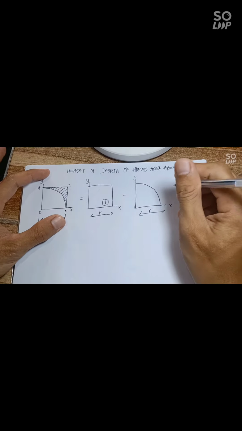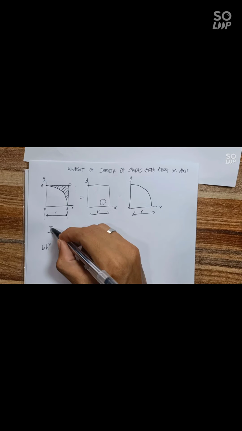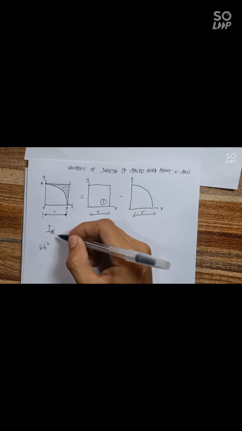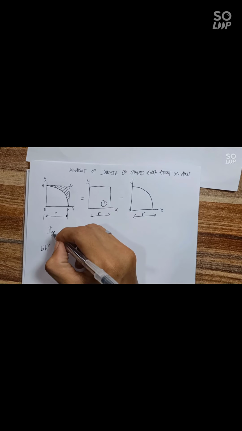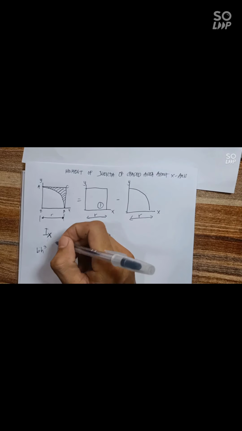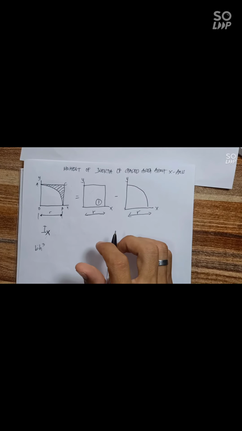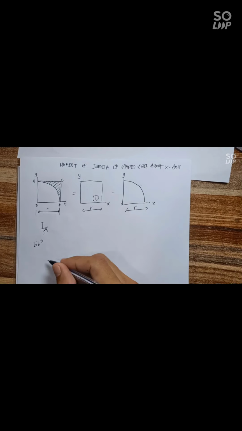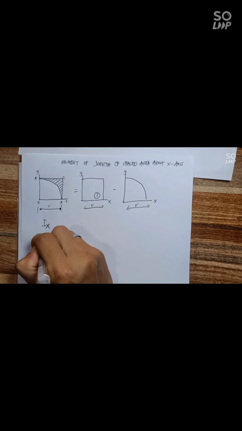About the x-axis, the moment of inertia is denoted with capital I. As we are doing this with respect to the x-axis, it is denoted with suffix x, capital I sub x. So actually, the moment of inertia for a rectangle about the base axis, we know, is base times height cubed divided by 3.